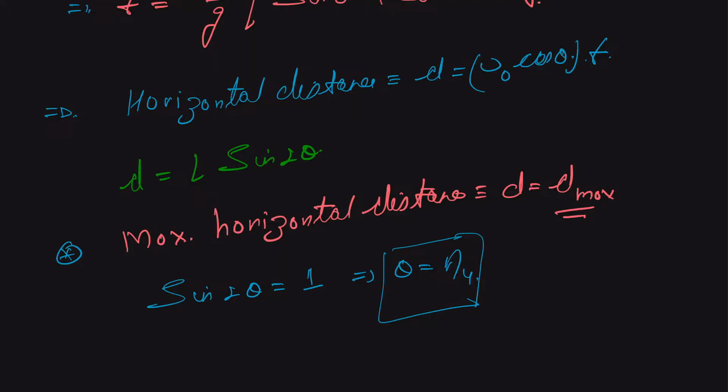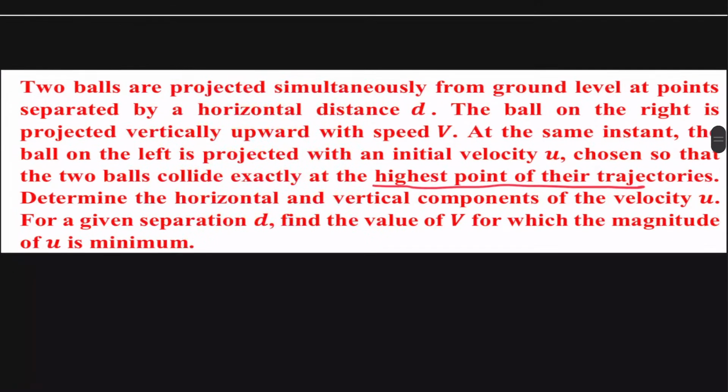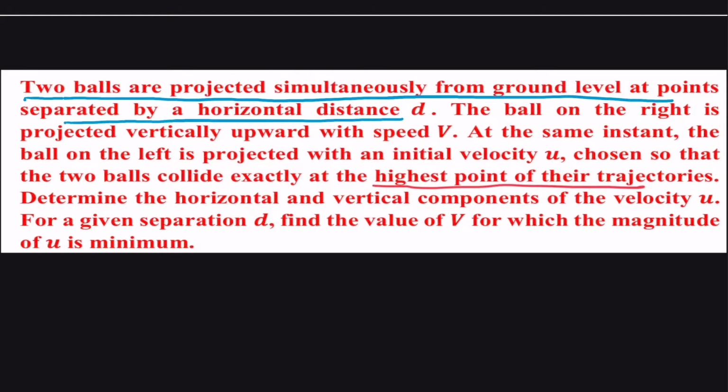So next question. It states that two balls are projected simultaneously from ground level to the points separated by a horizontal distance d. The ball on the right is projected vertically upward with the velocity v.